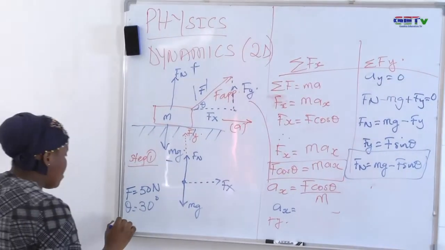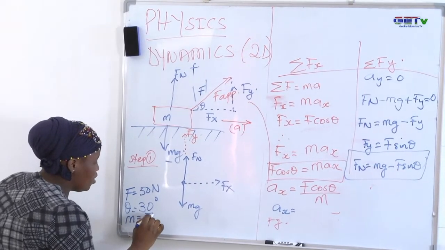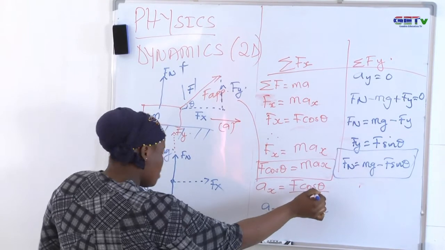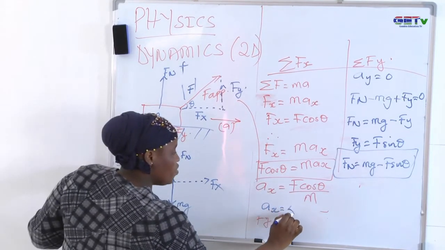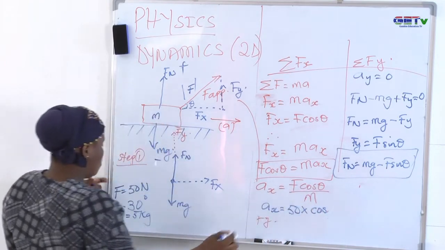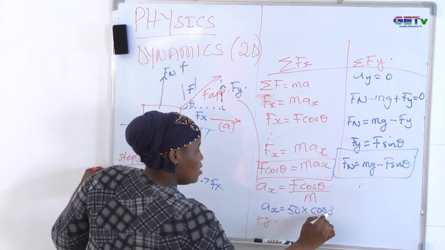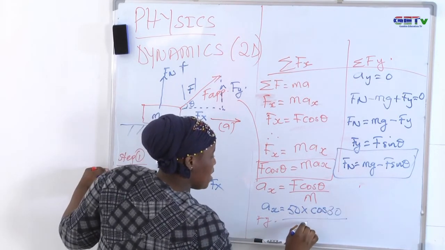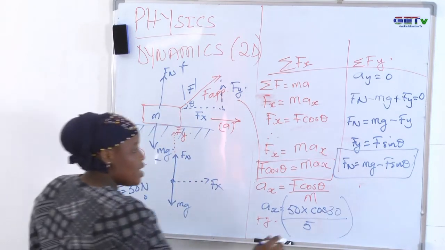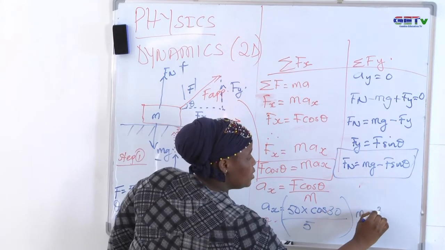Let's say the mass is 5 kilograms. So the acceleration will be F cos theta, where F is just 50 Newton times the cosine of 30 degrees, divided by the mass, which is 5.